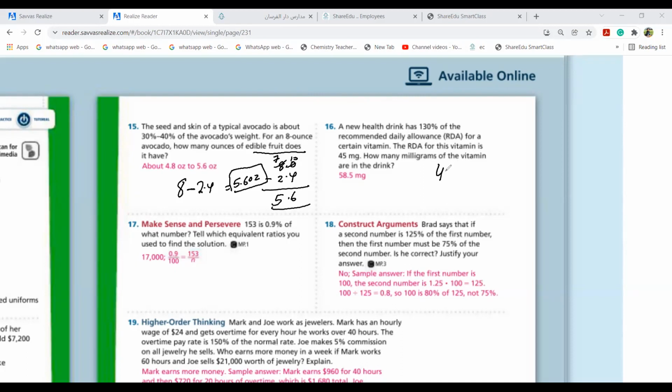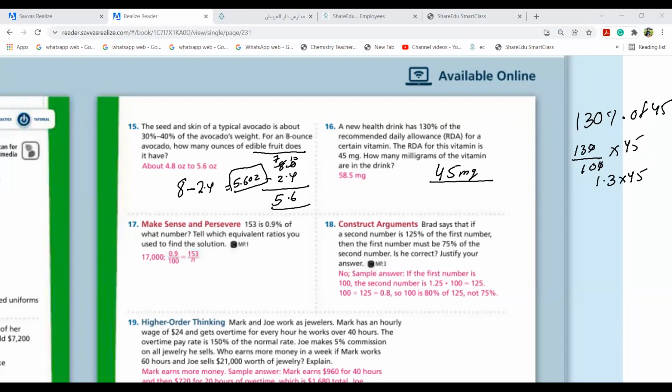How many milligrams of the vitamin are in the drink? 130% of the daily recommended allowance for the vitamin, which is 45. So 130% of 45. So 130 over 100 times 45. Zero and zero cancel, you will get 1.3 times 45.